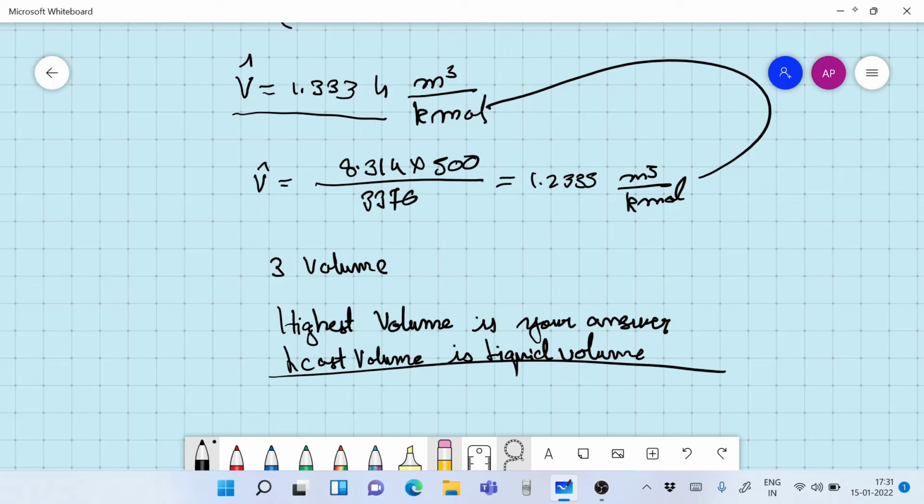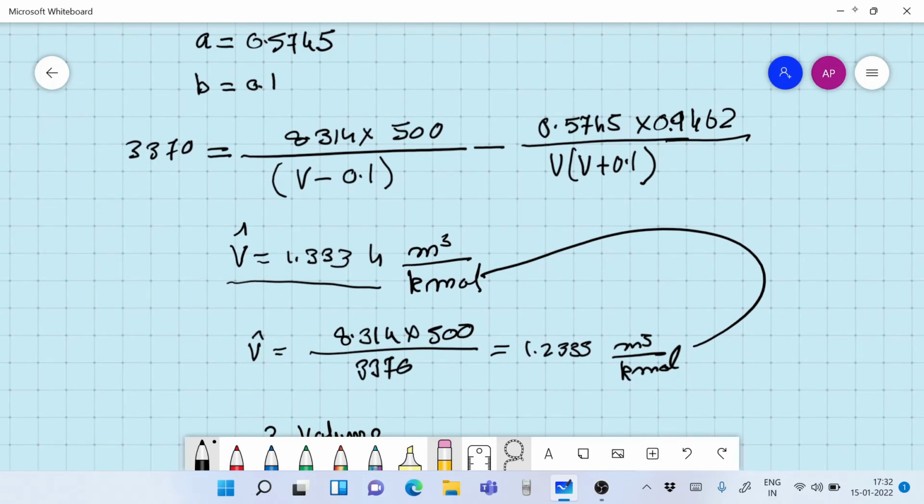Now, that is an answer you're not supposed to use or calculate using this equation, because these equations do not predict liquid volumes very accurately. And then you have one answer in between them. But if you really solve it for a state in which the fluid only remains as a vapor, you will get one real volume and two complex volumes.